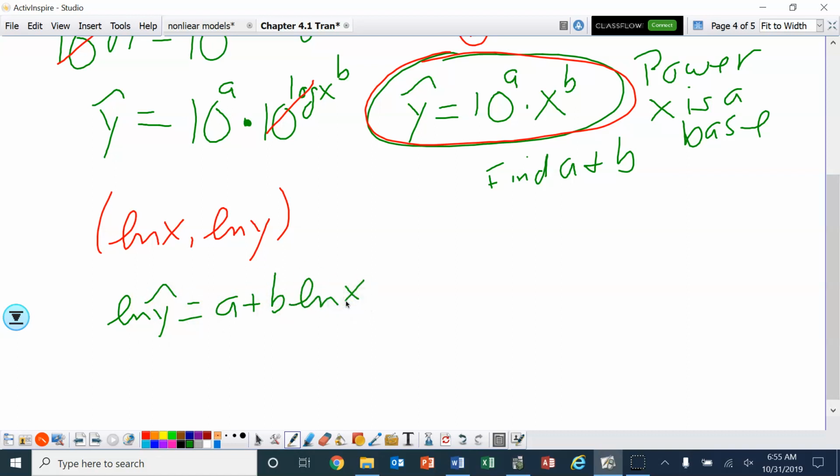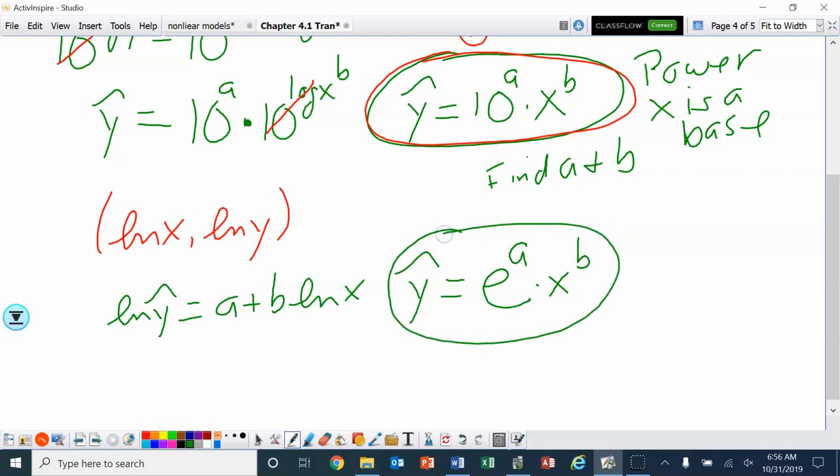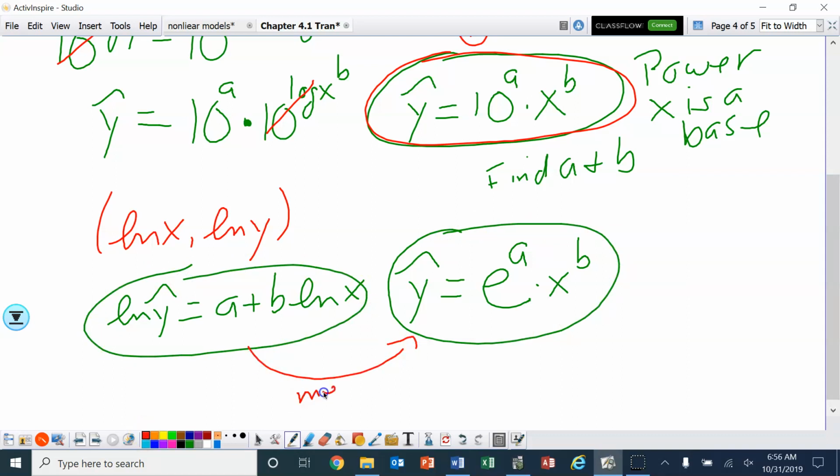Think about this, ladies and gentlemen: it's going to look almost identical, except the 10 is going to be replaced with e, and the rest is the same. Again, just memorize that. You're not going to have to show how you get from one to the other. And again, we're going to want to find A and B.